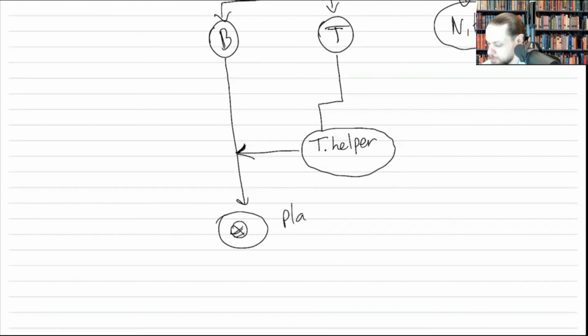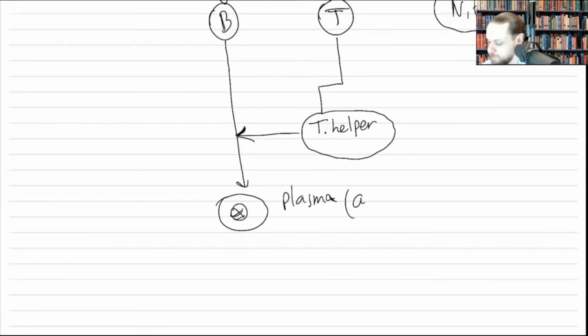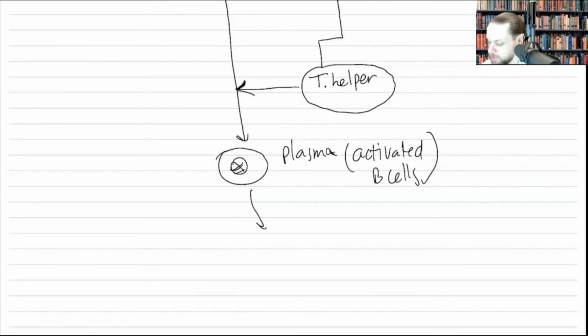The plasma cells are the activated B cells, and their whole job is to essentially make antibodies against whatever antigen came in.